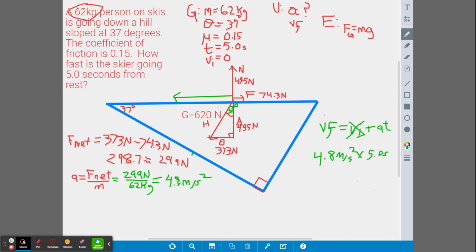So after 5 seconds, this person's going 24 meters per second down the hill, which is pretty fast for a skier. 24 meters per second. So now our unknowns are solved. Acceleration is 4.8 meters per second squared. Our velocity is 24 meters per second.